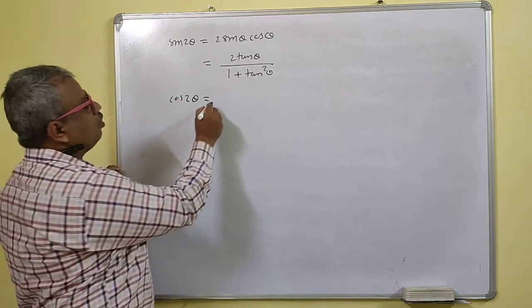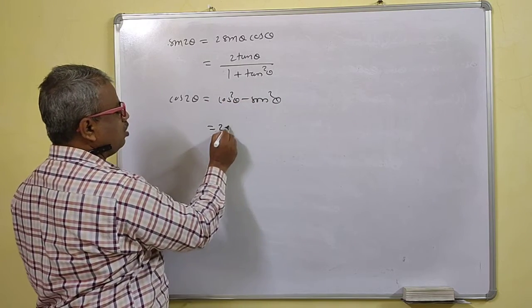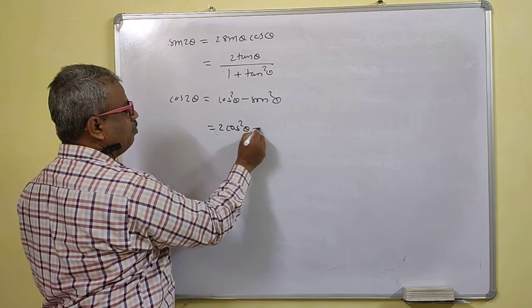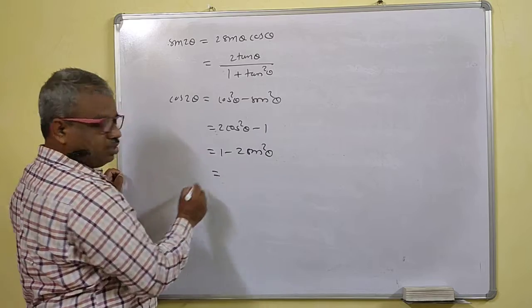is cos square theta minus sin square theta. This is 2 cos square theta minus 1, or 1 minus 2 sin square theta. Right?